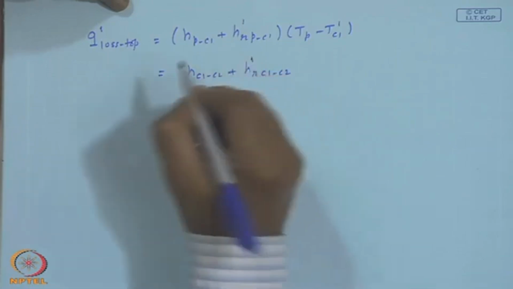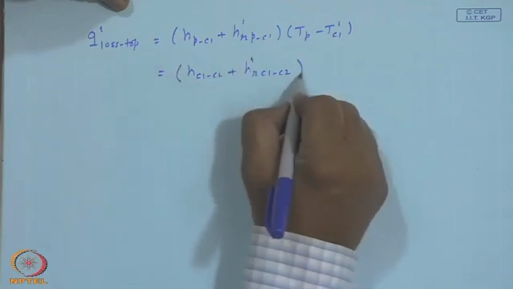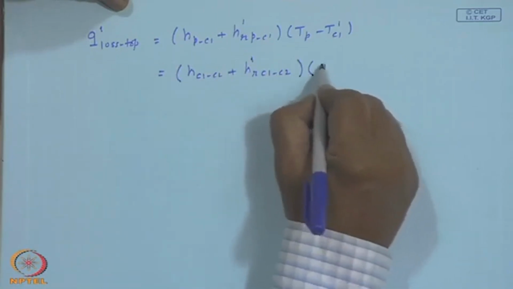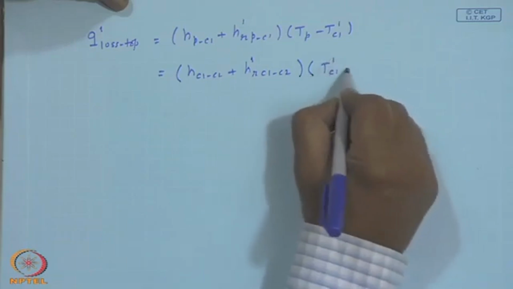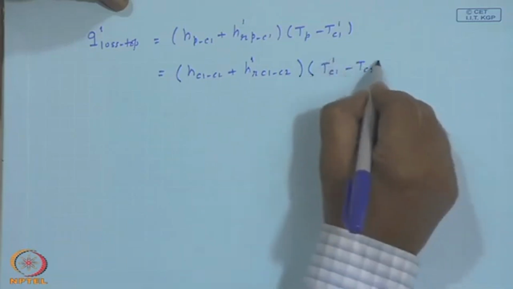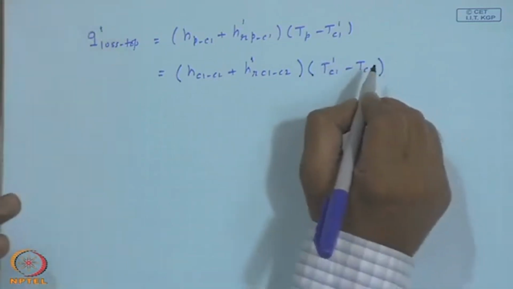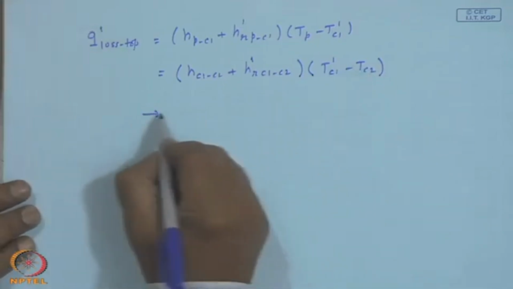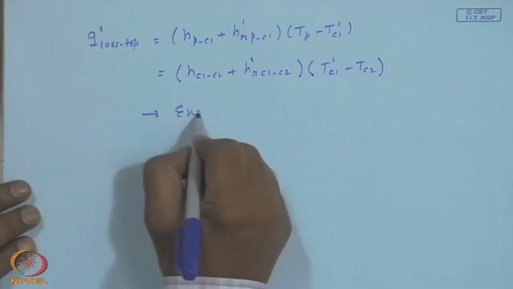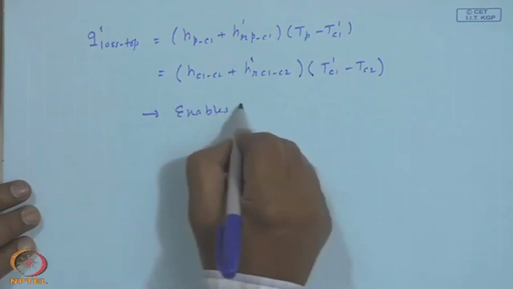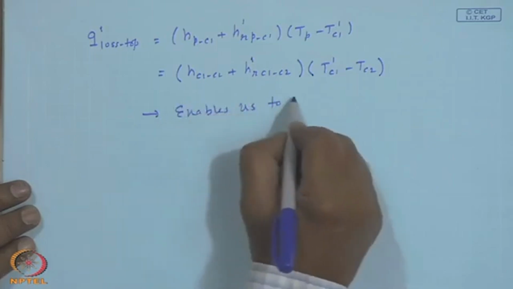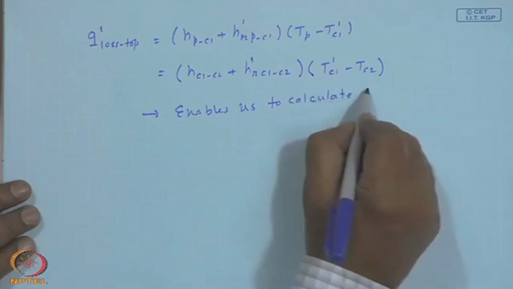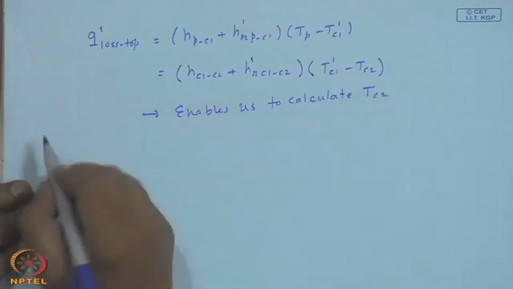Again I shall qualify it with a superscript 1, because it follows from my first guess, times T C 1 1 minus T C 2. Everything is known here except T C 2. So, this enables us to calculate T C 2.